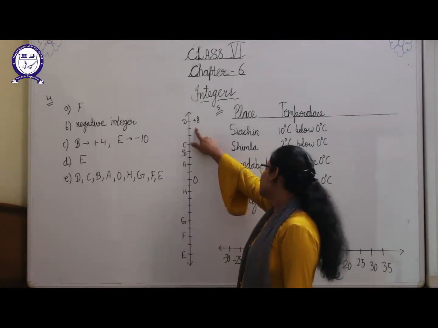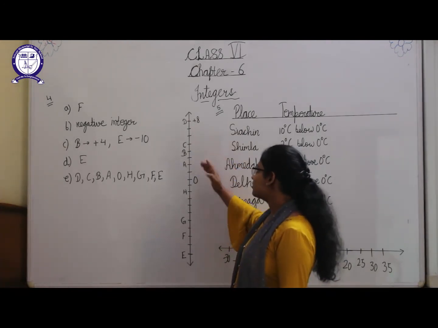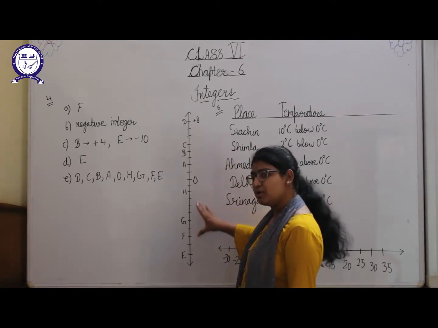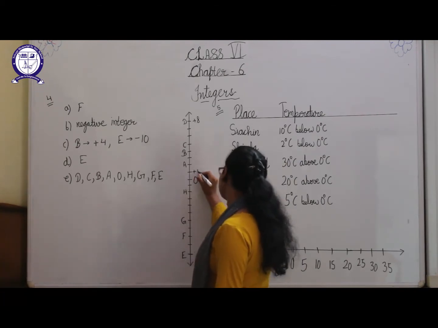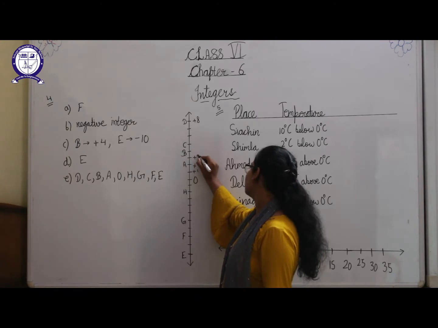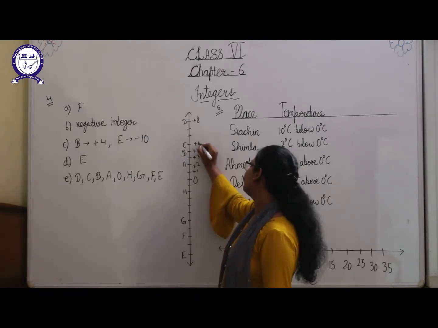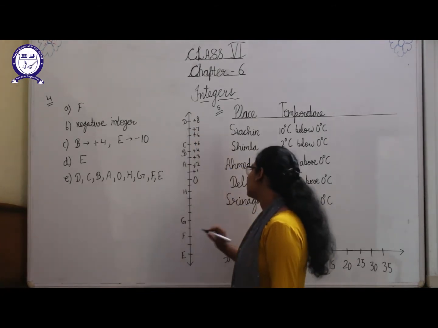This is positive 8. So what we will do? We will start writing positive integers above 0 and we will write negative integers below 0. So I am writing here above 0 positive 1, 2, 3, 4, 5, 6 and 7. 8 is already written here.